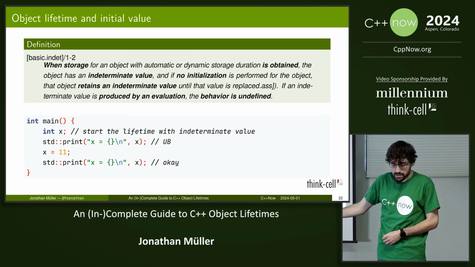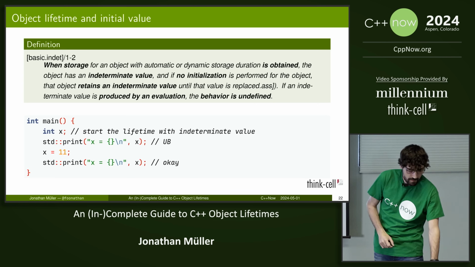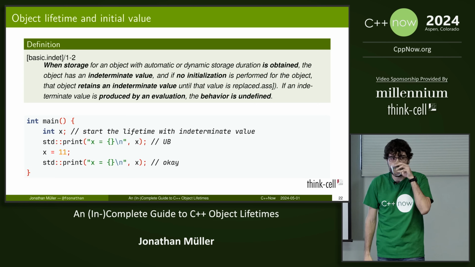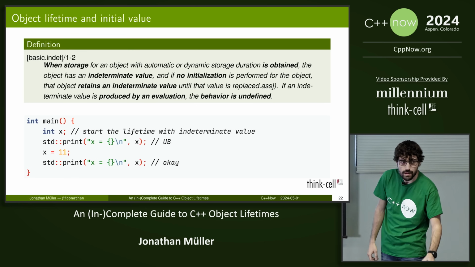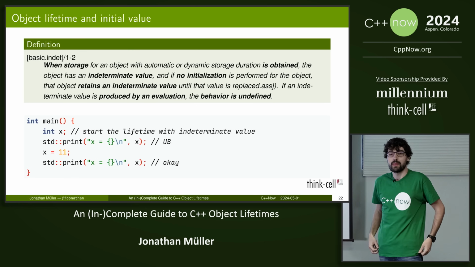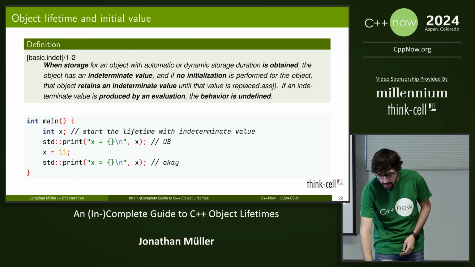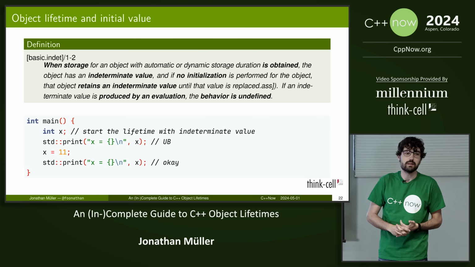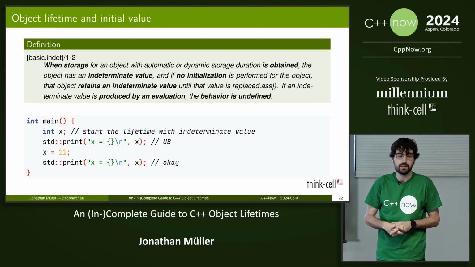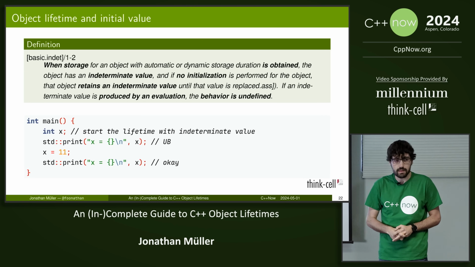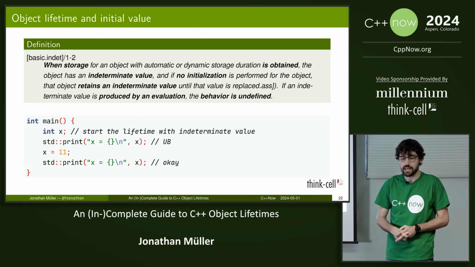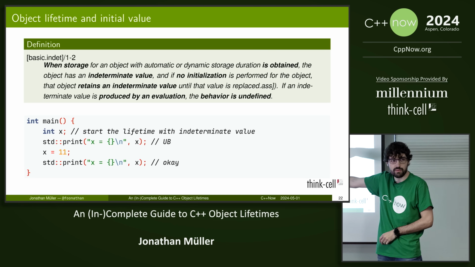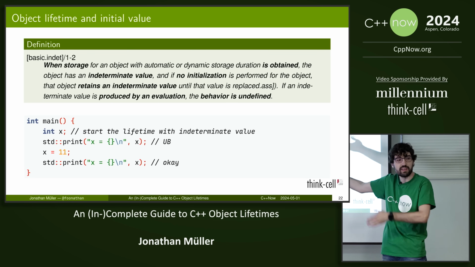This is actually gonna change. Yes? So here basically you allocated the storage, you initialize the object, except you initialize it with an indeterminate value. And so the lifetime has begun. And then if you use it, you're using an object that is within its lifetime. Exactly. But that has an indeterminate value. Because the assignment is fine, because we can use that object, it's within the lifetime.